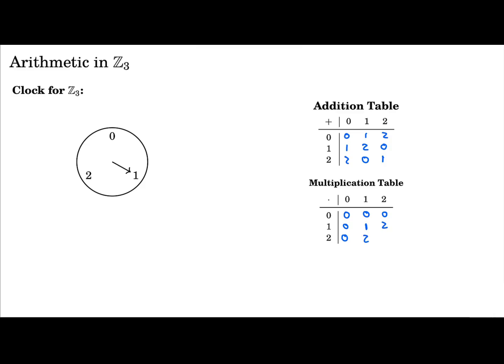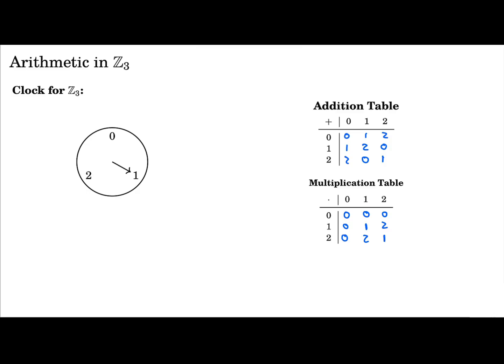Well, that's actually going to depend on this value here, because for 2 to have an inverse, we have to be able to multiply it by something and get a 1. And there's only one candidate here. So what is 2 times 2? It's going to be 4. And the remainder of 4, when you divide by 3, is 1. So it actually will be a 1.